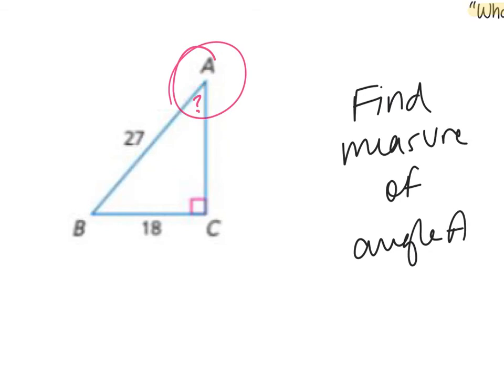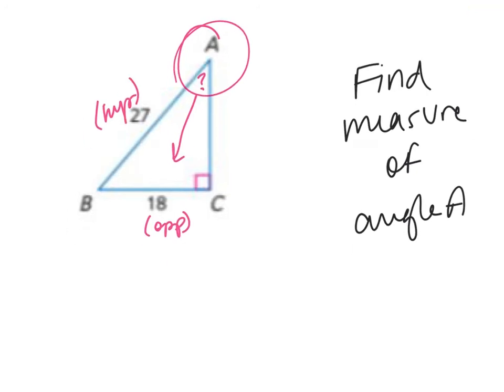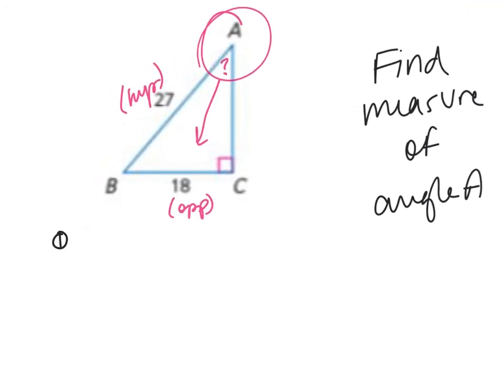First, I'm going to look and say, okay, what ratio do I have going on? What sides are given to me? Okay, I have an opposite and I have a hypotenuse. Okay, so first step, which ratio? All right, we have opposite over hypotenuse.